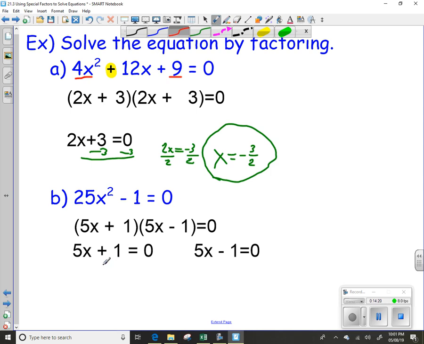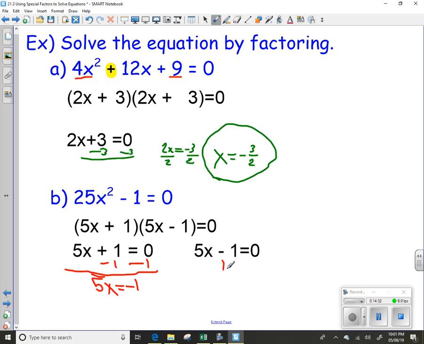So on the first one, subtract 1. So here I would get 5x equals negative 1. And here I would add 1. So you get 5x equals positive 1.